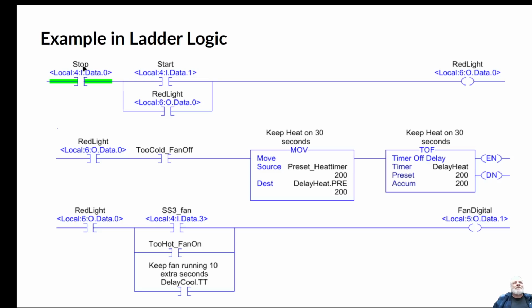But the stop is ANDed with either the start or the red light here. So you're not pressing stop and you are pressing start, or you're not pressing stop and the red light is on.